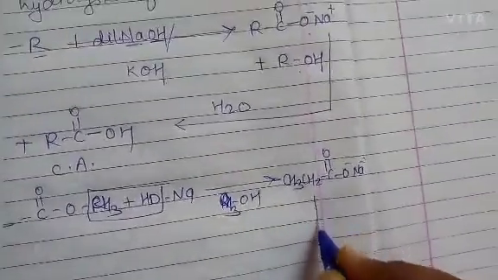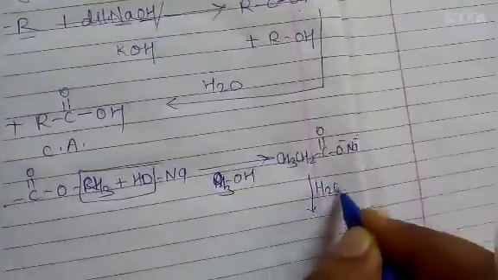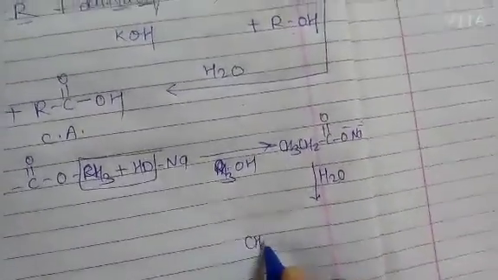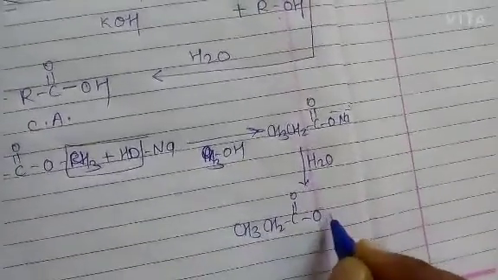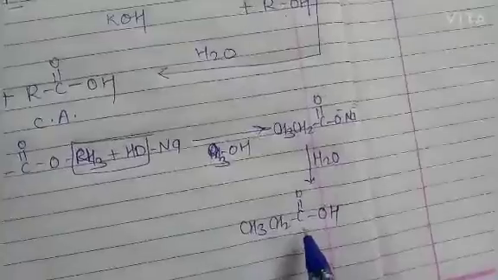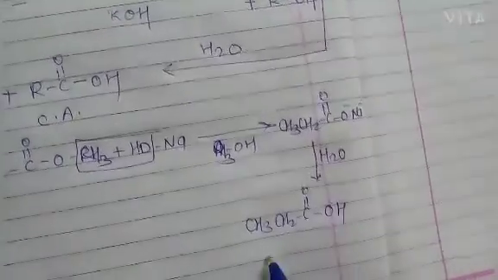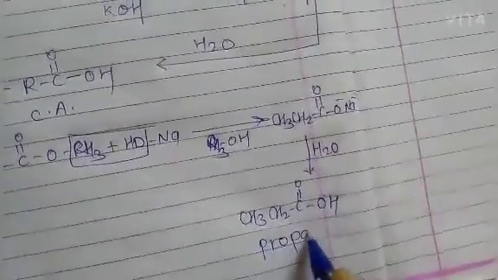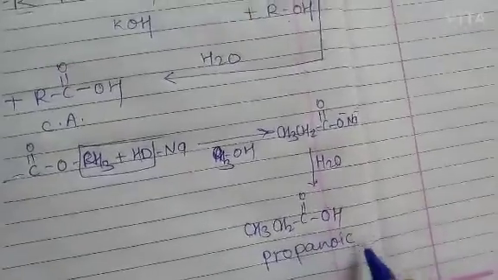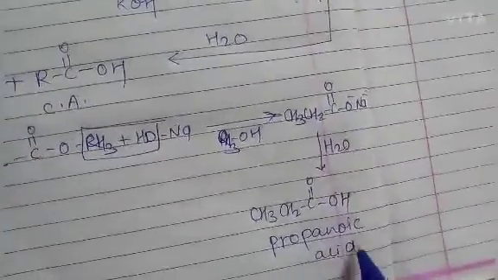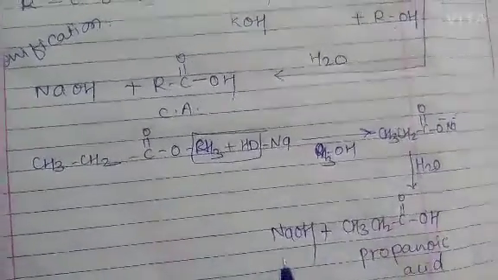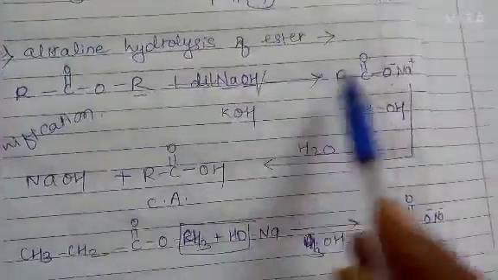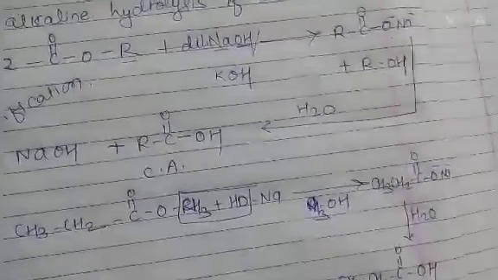Now further it goes on hydrolysis. It will form CH3CH2 C double bond OH. Which acid is it? 1, 2, 3, propanoic acid. And the byproduct is NaOH. This is the example of alkaline hydrolysis, and this is the general reaction. Note it down in your notebook.